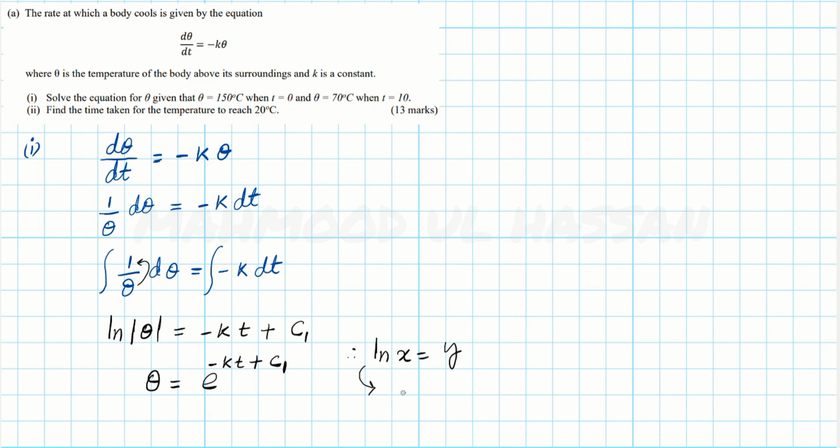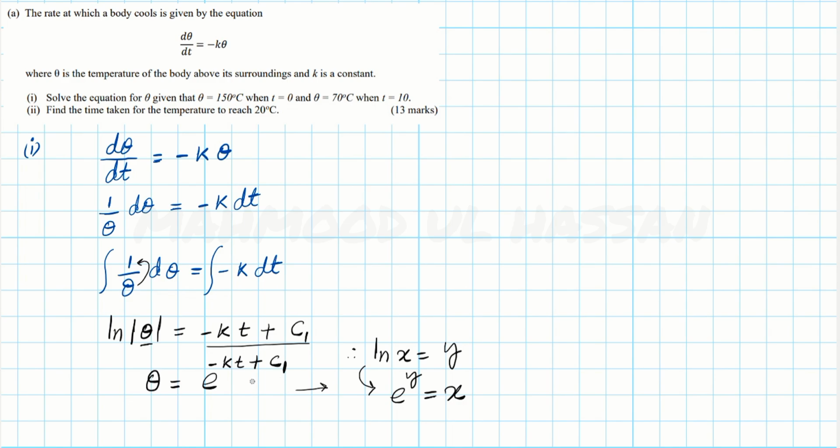In exponential form we can write e raised to the power y equals x. So the same here: instead of x we have theta, and instead of y we have minus kt plus c1. Just compare with this one, so you will get theta equals e raised to the power minus kt plus c1.